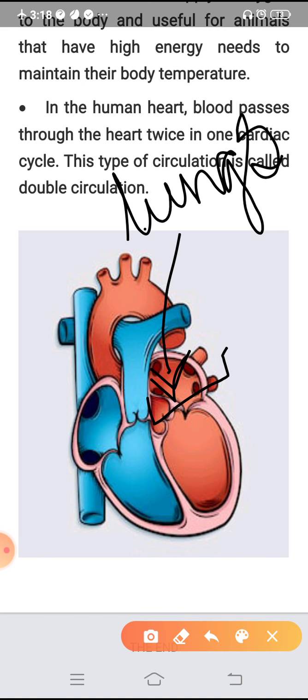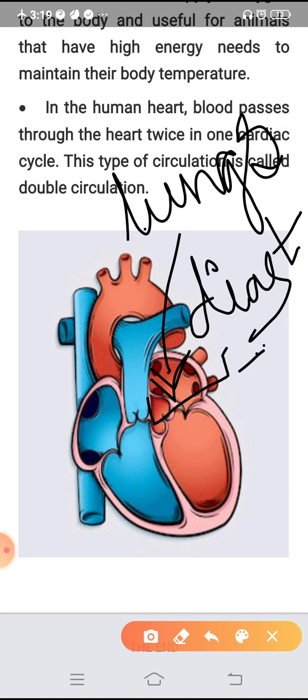Because, for example, if we are going to fill something, there should be some space, right? Similarly, when the blood is entering the auricles, they need some space. So the auricles are in the relaxation state. Right? This relaxation state of the auricles is called diastole. What is meant by diastole? Diastole is the relaxation state of the heart.